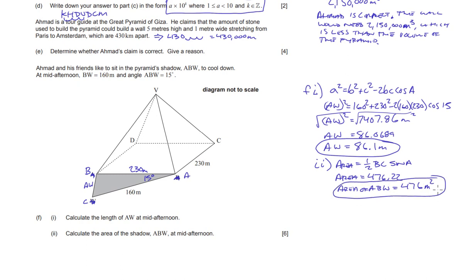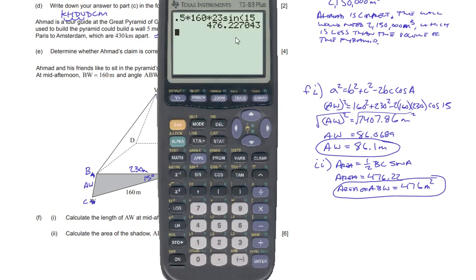Okay. Let me double check on here. Oh, you know what? I only hit 23. I gotta redo that. So let's see, 0.5 times, sorry, the 160 times 230. There we go, I got the 0 in this time.